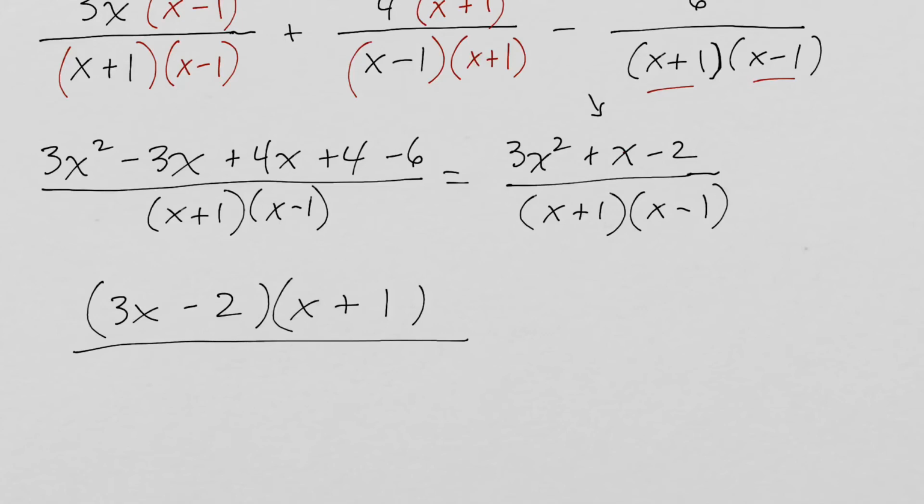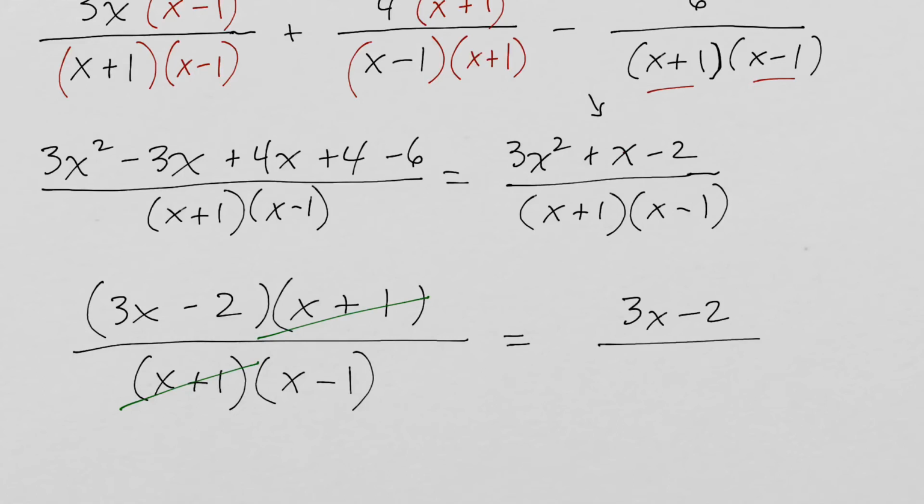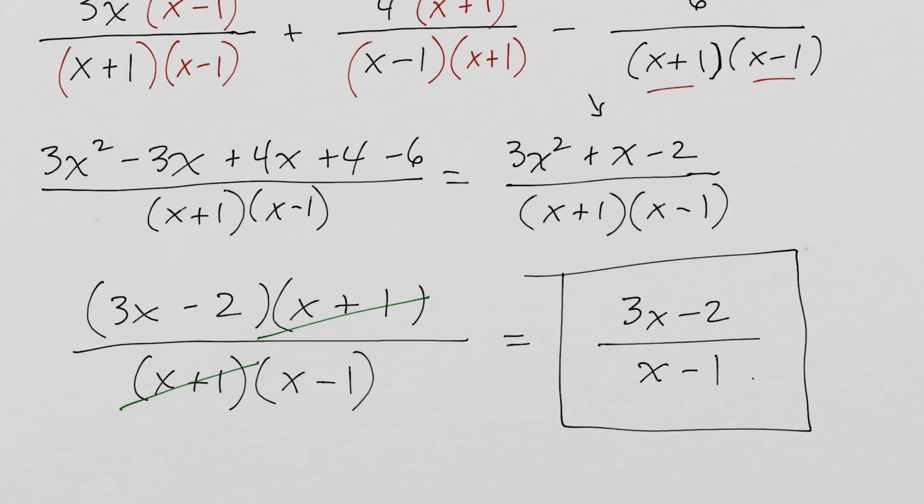So down here, I have x plus 1, x minus 1. And finally, I can now see that I can cancel those, and I'll end up with 3x minus 2 over x minus 1. And notice I took away the parentheses because those would be redundant, and so I need to simplify and get rid of those. So that's my final answer.